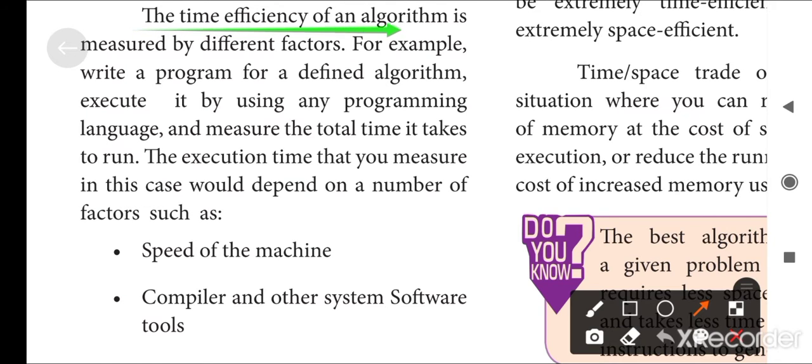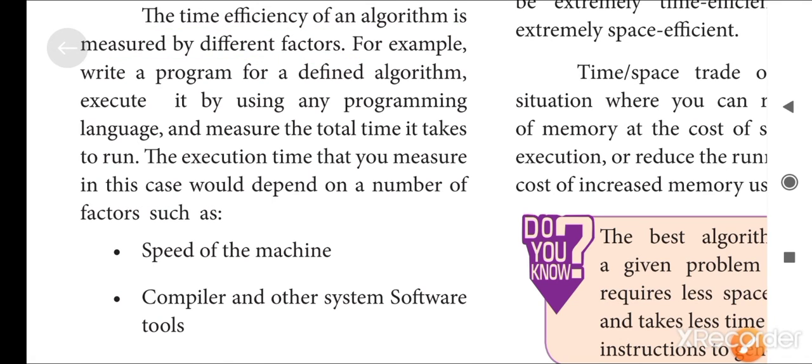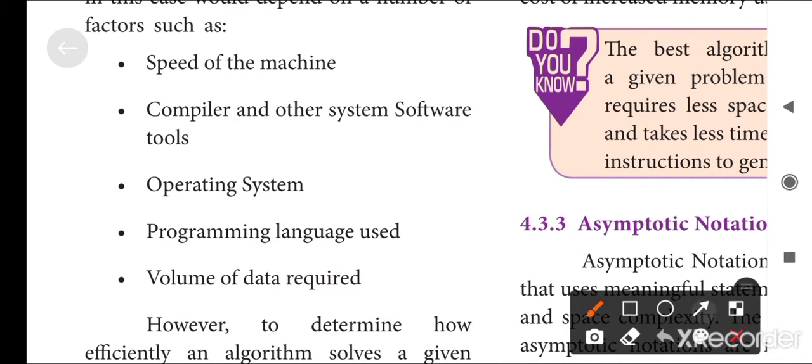The time efficiency of an algorithm is measured by different factors. The first factor is the speed of the machine. The second factor is the compiler and other system software tools. If we have the latest version, the system should be a little bit faster. The third one is the operating system. The operating system is very important to develop an algorithm.